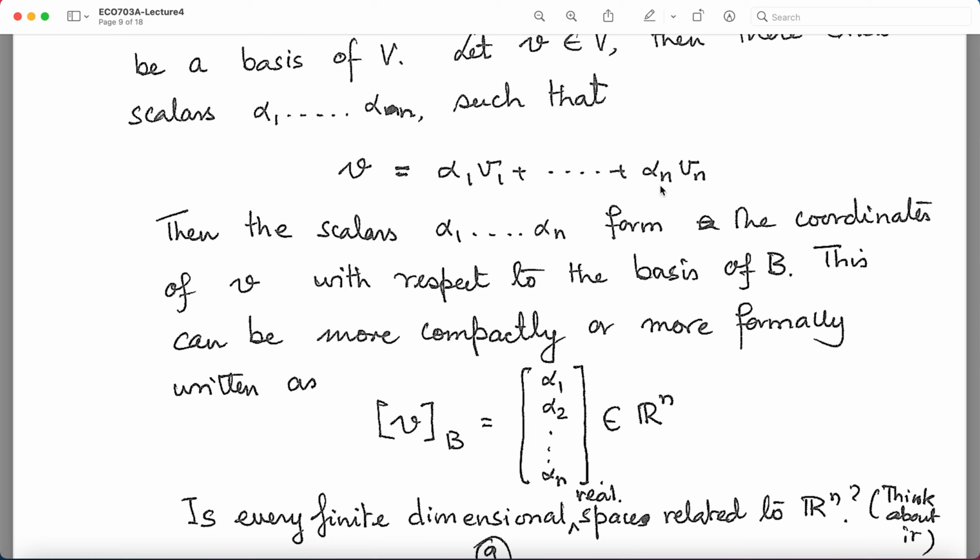Is there any motivation behind this definition? I will not give you the motivation; maybe you can talk to me in the discussion hour about what could be the motivation for calling those coordinates, or is it just the definition? Of course, even if there is a definition, there is a motivation. That is what I want you to think about, and it is very important.